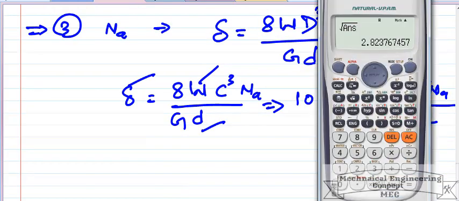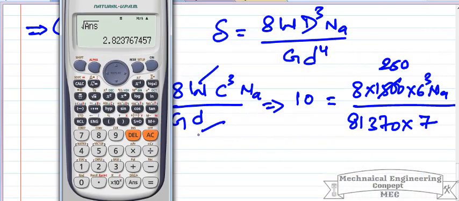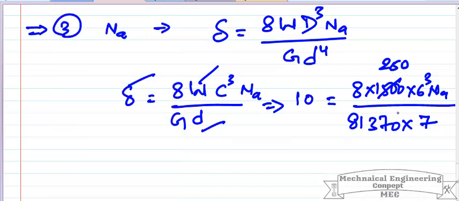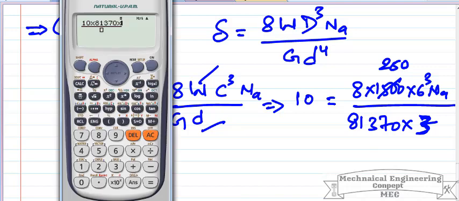So the new, corrected value of Na will be 10 into 81370 into small d, which is 3, okay, 3 divided by 8 into 250 into 6 cube.